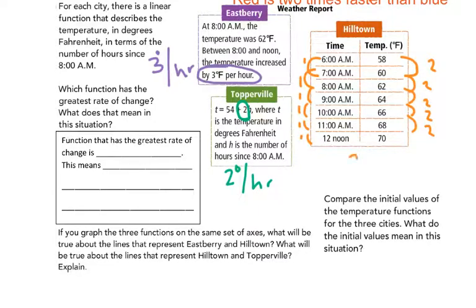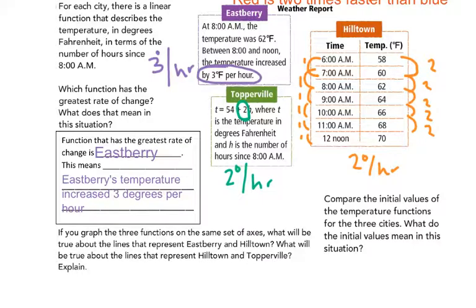So the rate of change is 2 degrees per hour for Hilltown. To answer the question, the function that has the greatest rate of change is Eastbury. The rate of change is how much the temperature increases per hour. So this means that Eastbury's temperature increased 3 degrees per hour.